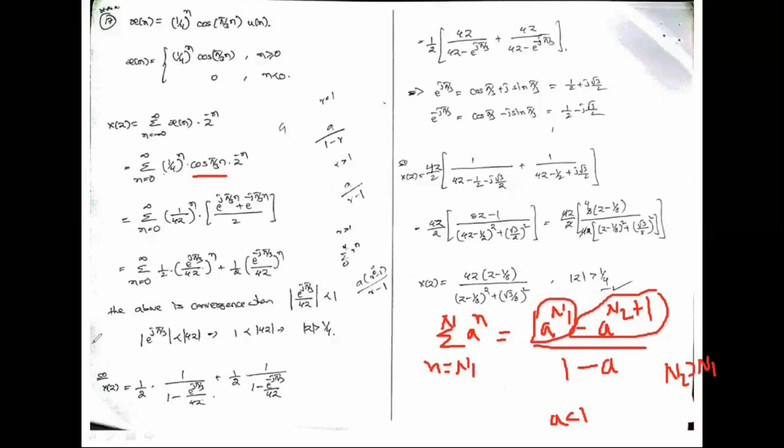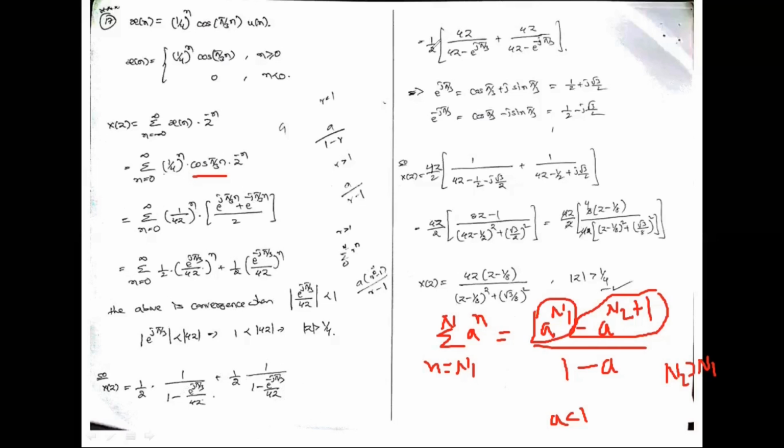Only we have the denominator 1 by 1 minus a. What is the a here? e power j pi by 3 by 4z, multiplied with 1 by 2, plus 1 by 2 times 1 by 1 minus a. What is the a here now? Negative exponential, e power minus j pi by 3 by 4z. Simplify this one.